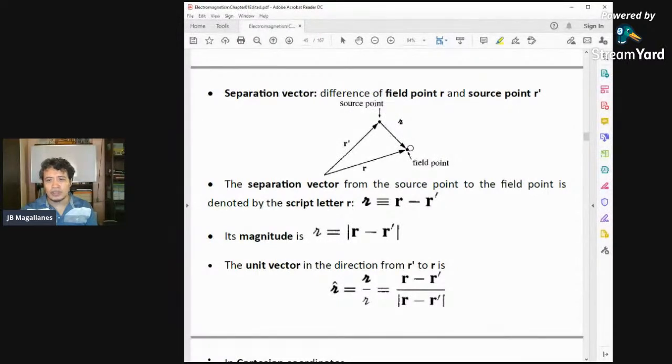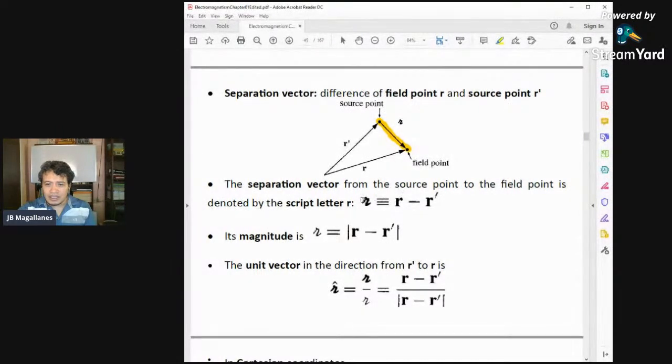We call this point the field position. The position of the source point is r prime, and the position where you are measuring the field is r. We call the vector from this point to this point the scripted r, or the separation vector.